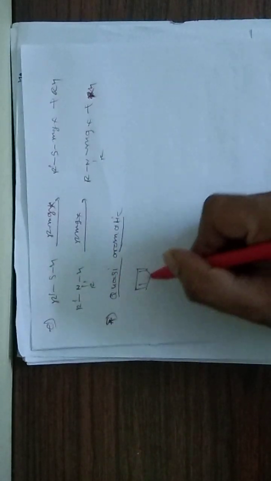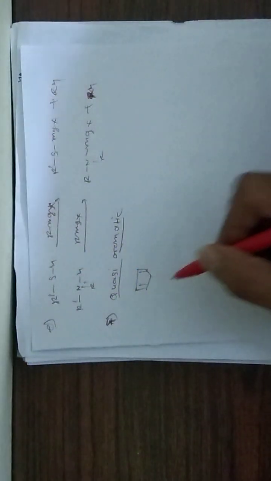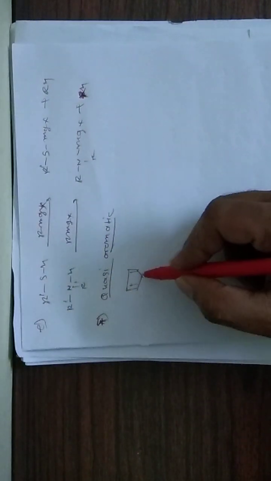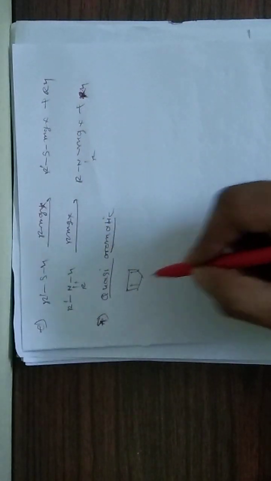Suppose this is the compound. If you see here, this is not an aromatic 4n pi electron system; it is non-aromatic because of the sp3 carbon. Neither anti-aromatic nor aromatic, this is non-aromatic.